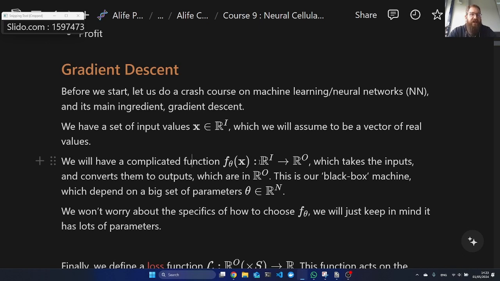So f theta of x is our black box magic machine. It's a function that depends on a lot of parameters, theta, which we also say are neatly arranged in a vector of real values. It takes an input and spits out an output using these parameters in some way. Don't worry for now about the specifics of f theta.